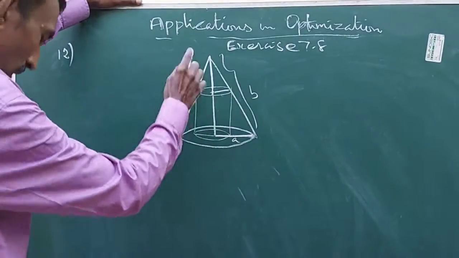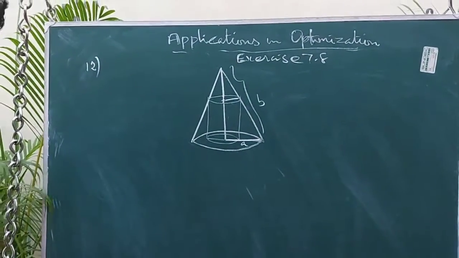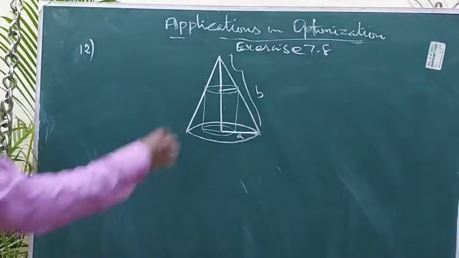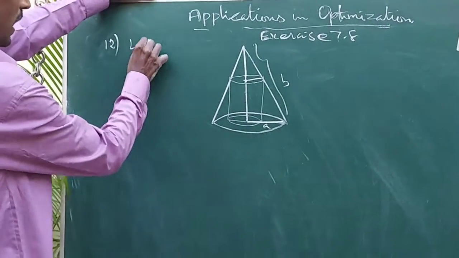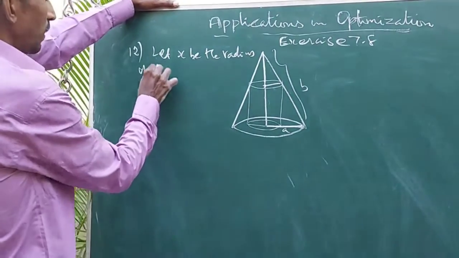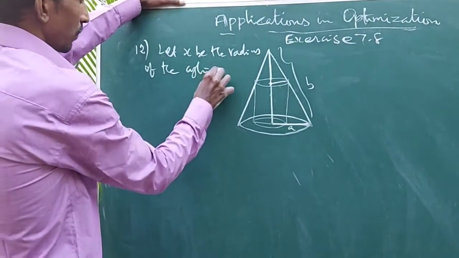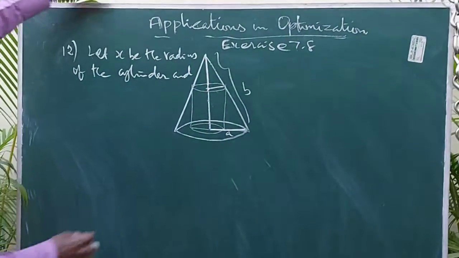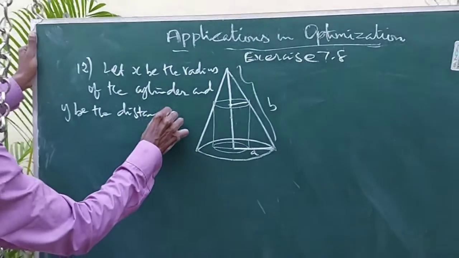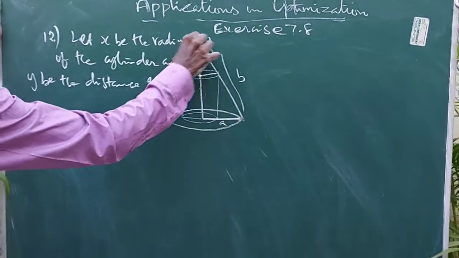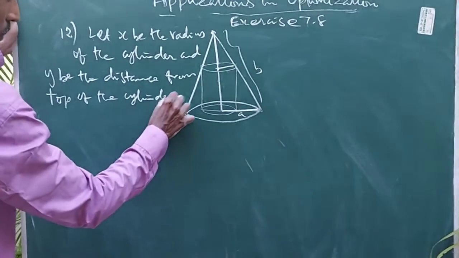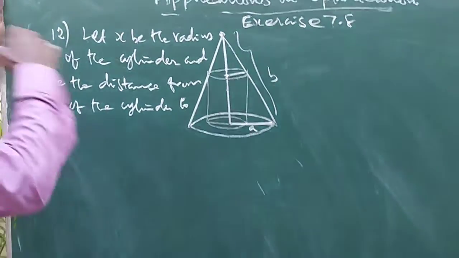But we can assume the remaining height, totally B. So let x be the radius of the cylinder and y be the distance from the top of the cylinder to the top of the cone.